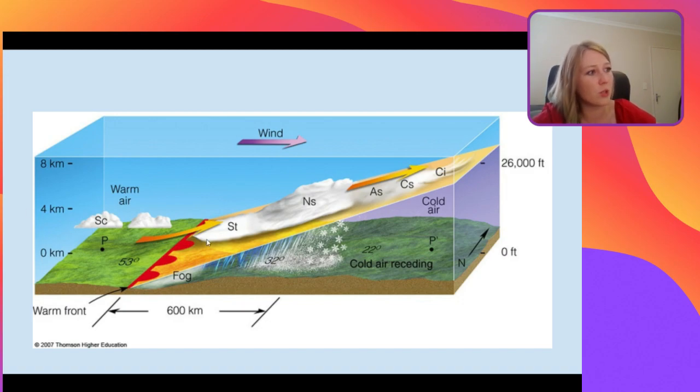And as it slowly rises over that air mass, it gradually condenses to create these different types of clouds. So you would expect to see stratus clouds, nimbostratus, altostratus, and cirrostratus clouds. If there is rain, it'll be very gentle, very prolonged rain. So anything from nimbostratus, stratus.